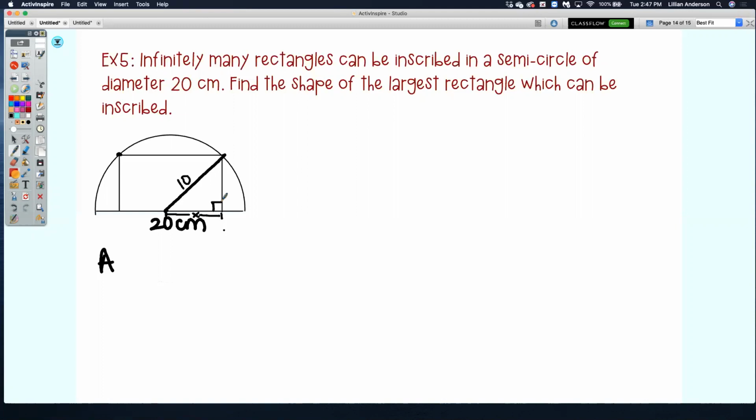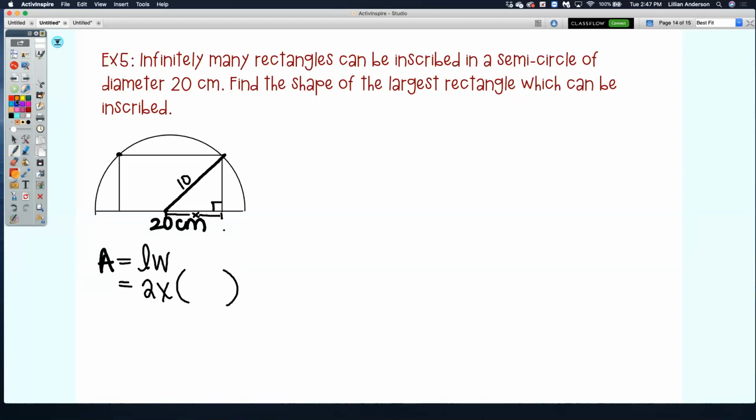But we do know something. Area is supposed to be length times width of this rectangle, right? Can I make the bottom my length? That is going to be 2x, because if this is x, then we double it and we'll get the full thing, right? Now we just need to figure out the width.